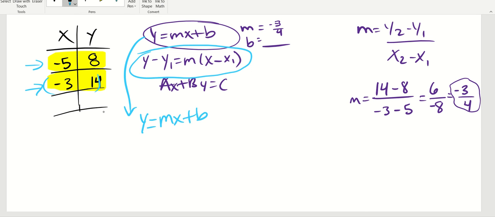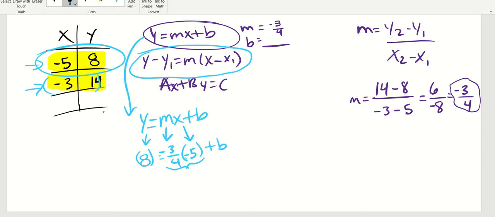And we are substituting the slope that we found and the y and x because we're just selecting a point. So let's say we select the top point. The y value is 8. The x value is -5 and then plus b. Here we multiply this first.